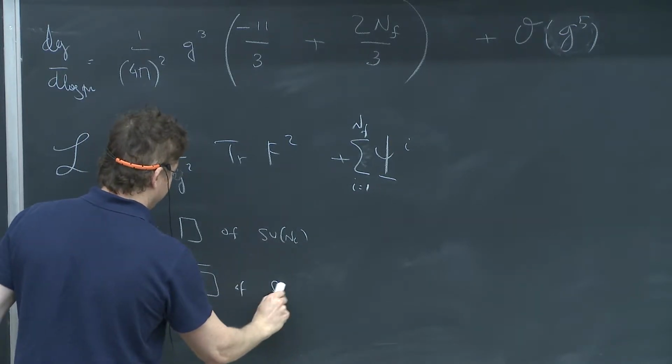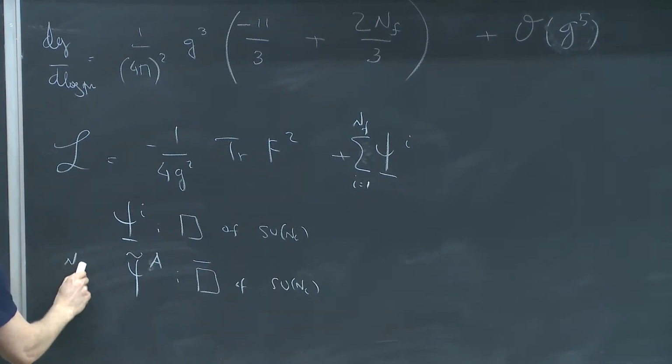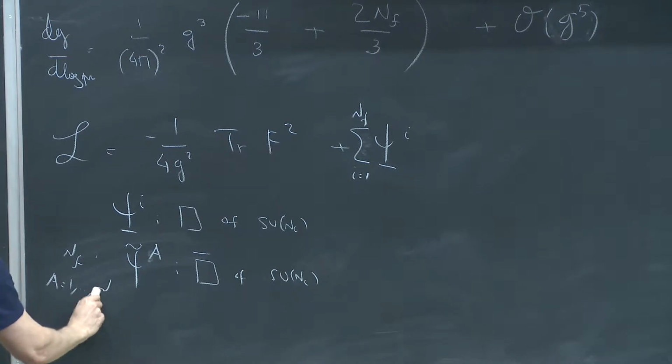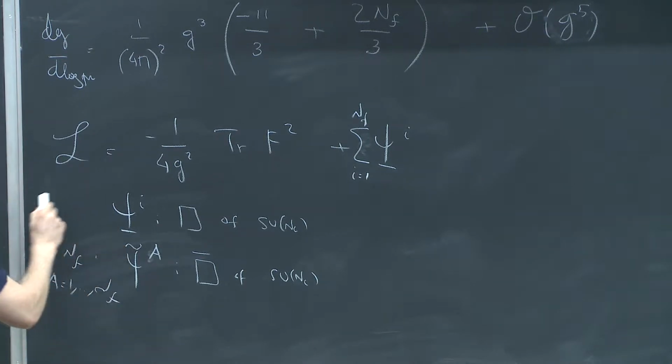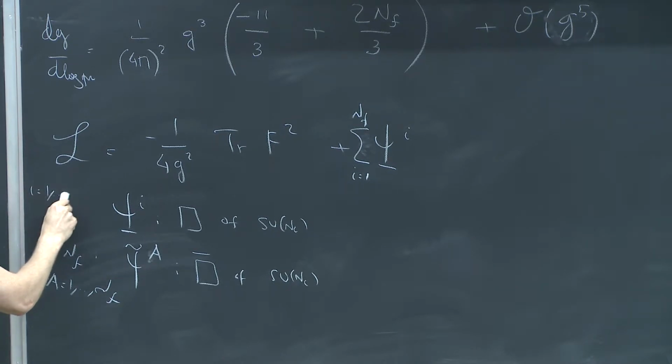And this is also of SU(NC). And there are NF of those. So A goes from 1 to NF. And there are also NF of those. So I goes from 1 to NF.